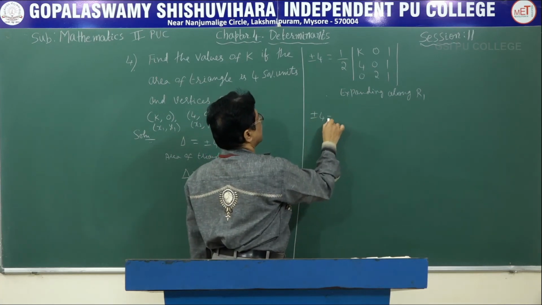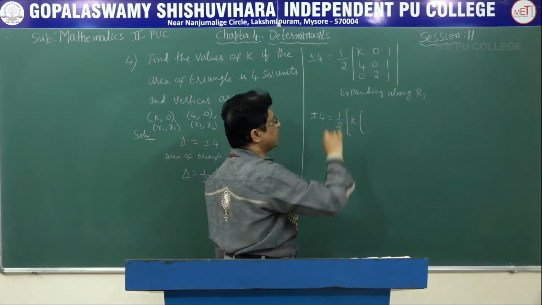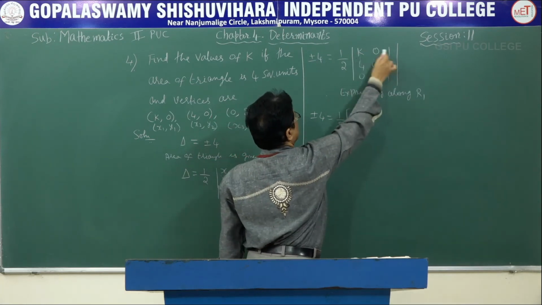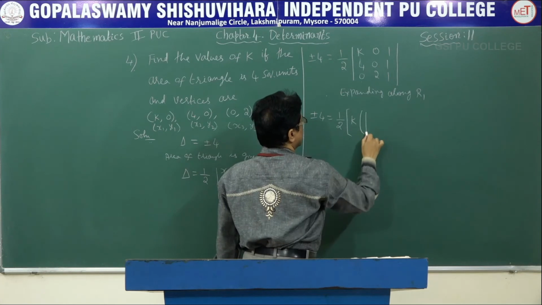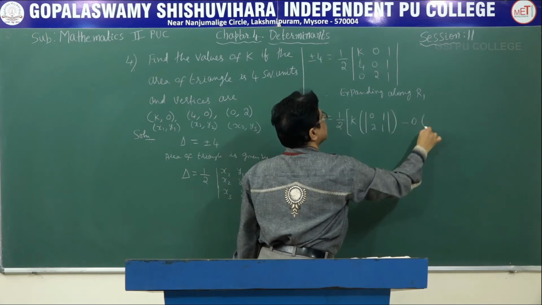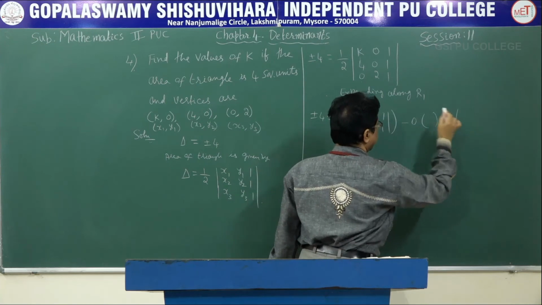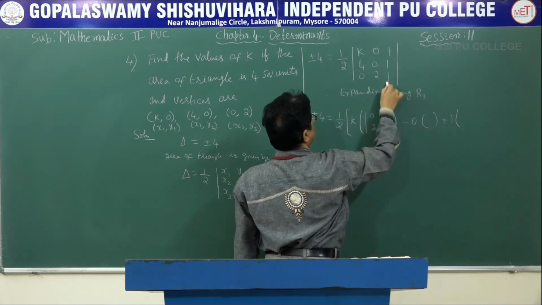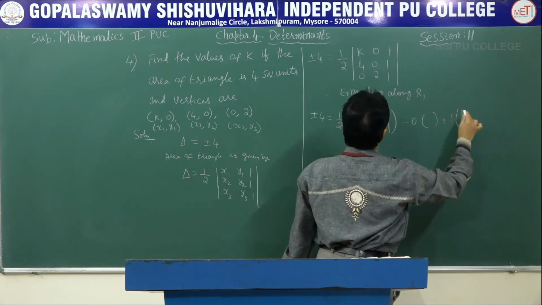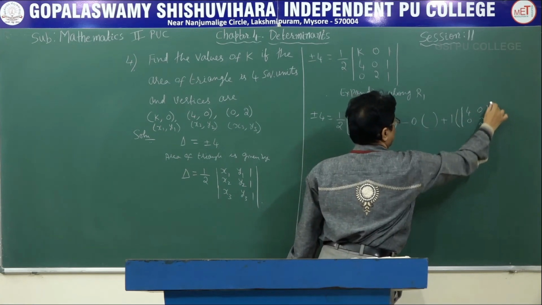So plus or minus 4 is equal to half into, so k into, so k lies in the first row and first column. I eliminate the first row and first column and take the determinant of the remaining elements. So 0, 1, 2, 1 minus 0 into plus 1 into, so 1 lies in the first row and third column. I eliminate the first row and third column and take the determinant of the remaining elements. So determinant of 4, 0, 0, 2.